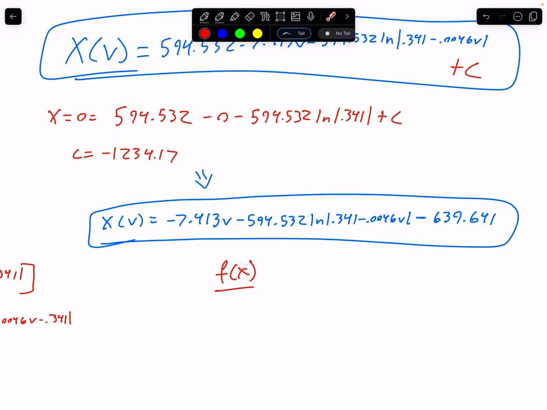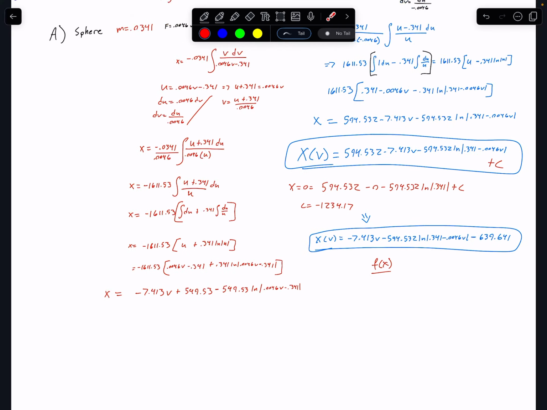So ignore this f of x here, that was just how it was in the calculator, but we get that x of v is equal to negative 7.413v minus 594.532 times the natural log of 0.341 minus 0.0046v minus 639.641.